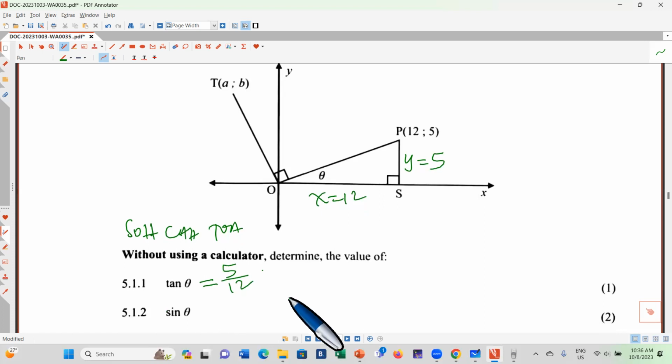I'm giving you another 2 minutes to find this one, sine theta. What is sine theta?